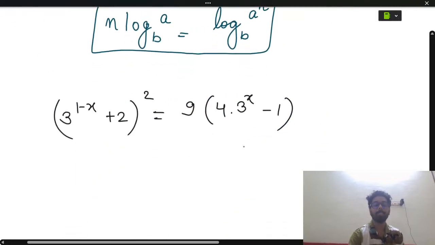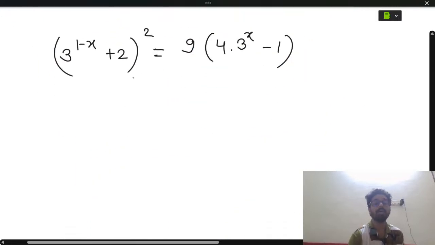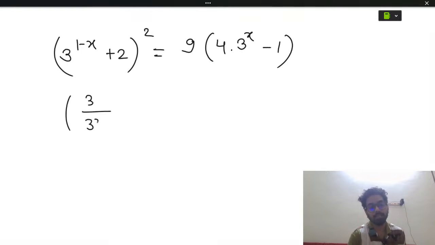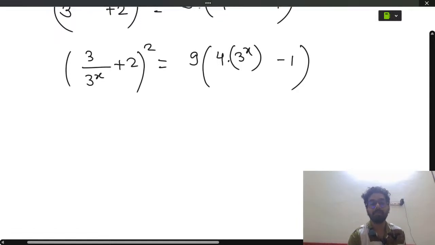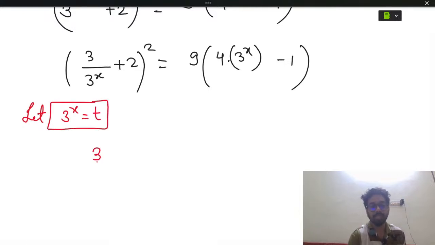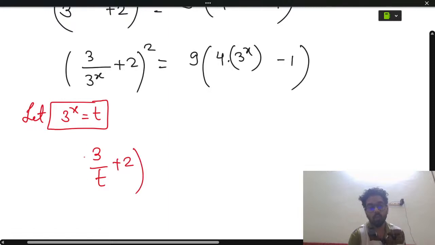Now here I will take 3^x as t, but before that I will write down (3 upon 3^x plus 2) whole square is equal to 9 times (4 into 3^x minus 1). Now I will assume 3^x as r, or t, it doesn't matter. This becomes (3 by t plus 2) whole square is equal to 9 times (4t minus 1).